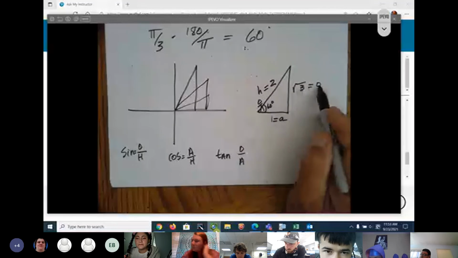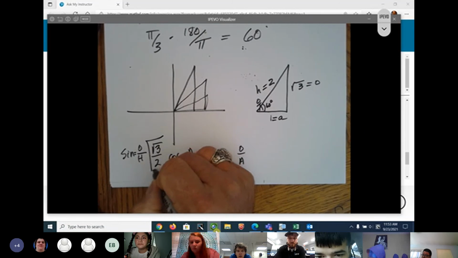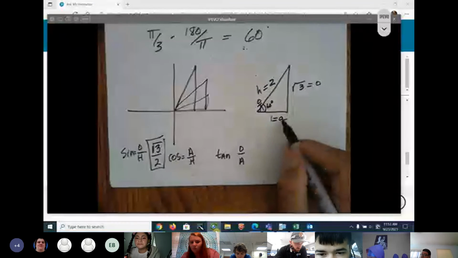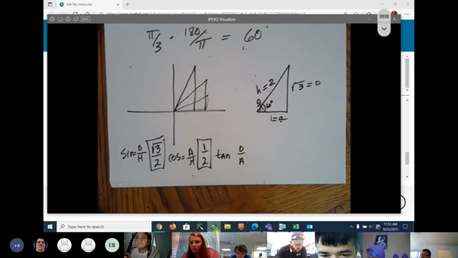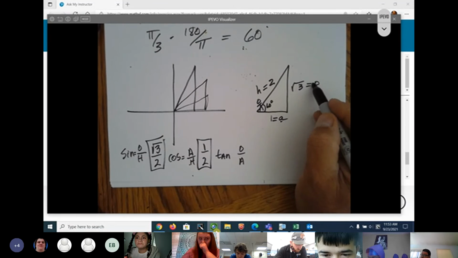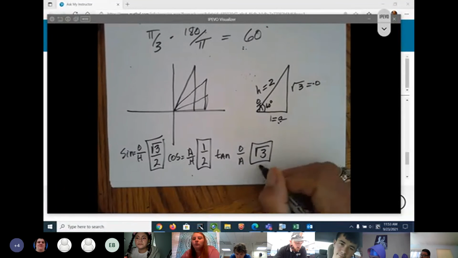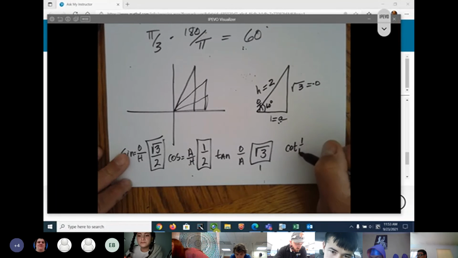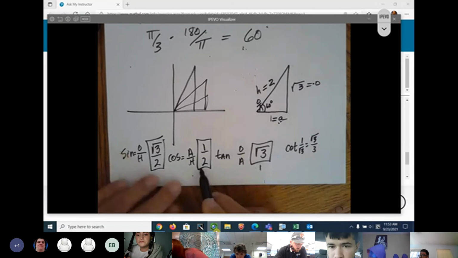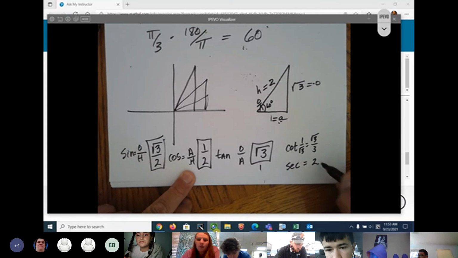O, H, and A. Oscar had square root of 3 over 2. A hunk, 1 over 2. Of apple, square root of 3. That's over 1. So of course the cotangent is going to be 1 over the square root of 3, which is equal to square root of 3 over 3. The secant is equal to what? 2.